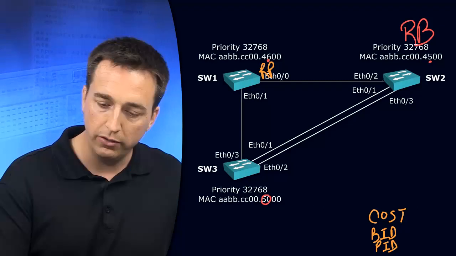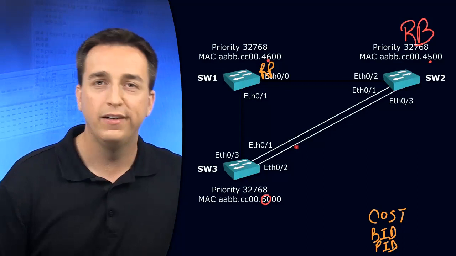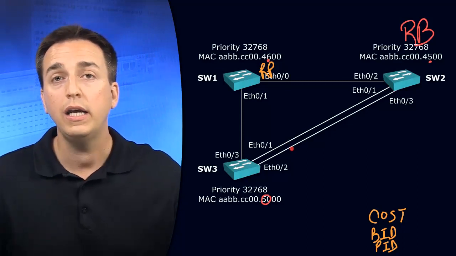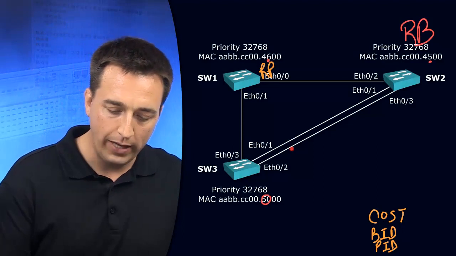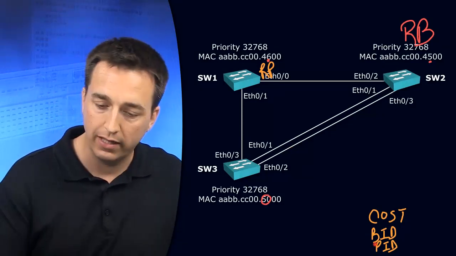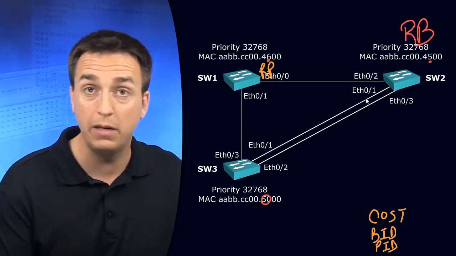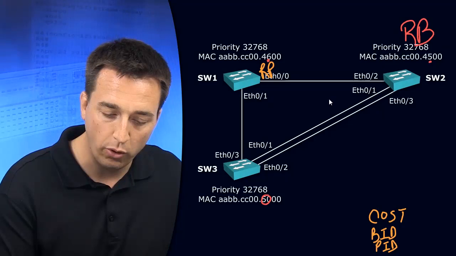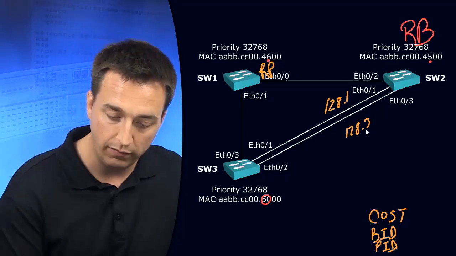Because as the BPDUs come down this link and this link, they're going to have the same priority and the same MAC address in them. So we now have to examine the port ID. The port ID that is sent. So in this case, Ethernet 0/1, without making any modifications, would have a port ID of 128.1, and this would have a 128.3 by default typically.